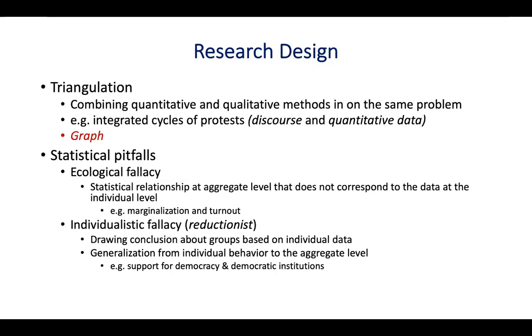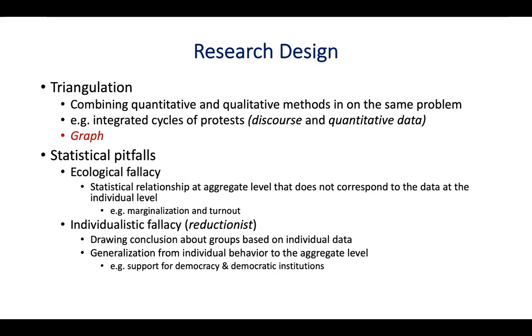So, for example, if you have a data set on the socioeconomic marginalization in cities or whatever, and then you need to examine the impact of the socioeconomic status or marginalization on individual behavior, like electoral turnout or something like this.